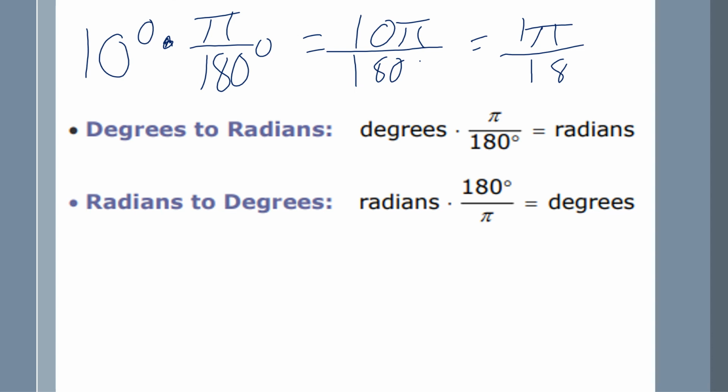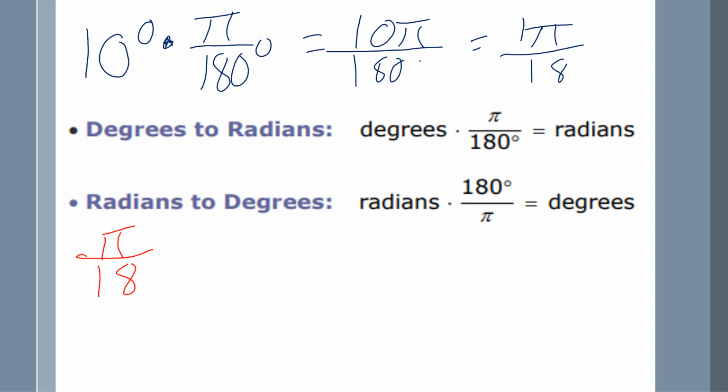All right, so let's go from radians to degrees. So say I was to say 1 pi, or pi, because pi is understood to be 1 pi, over 18. All right. And all I'm trying to do is go from radians to degrees.